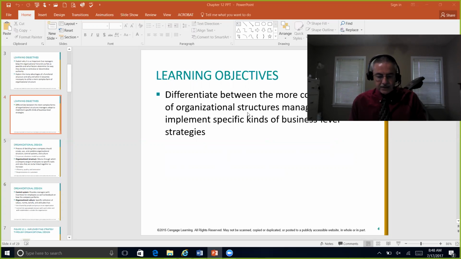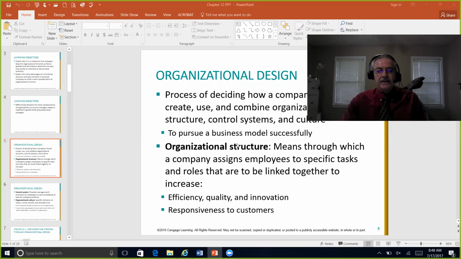And this case does do a good job describing how organizational structure and culture has a direct effect on the company's profile. Certainly a good read as you begin this chapter. So with that, let's begin talking about organizational design.